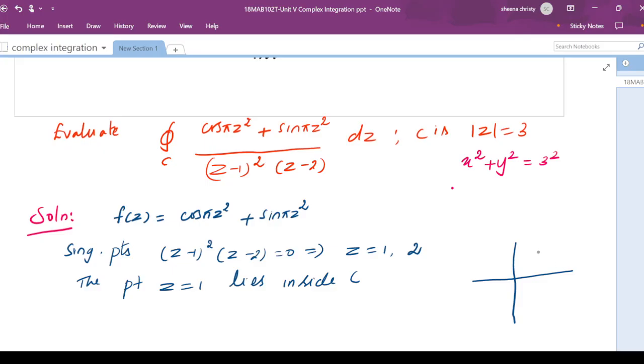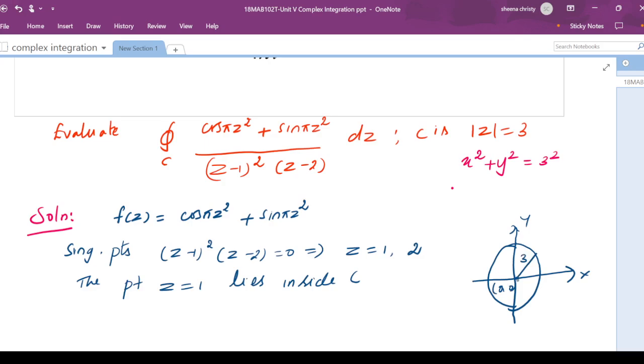It is the circle with center 0, 0. Let us take this point as 0, 0, and the radius is 3.